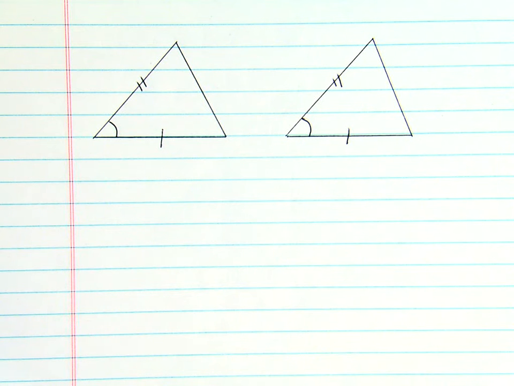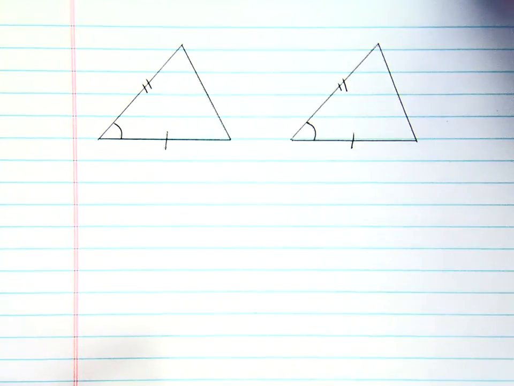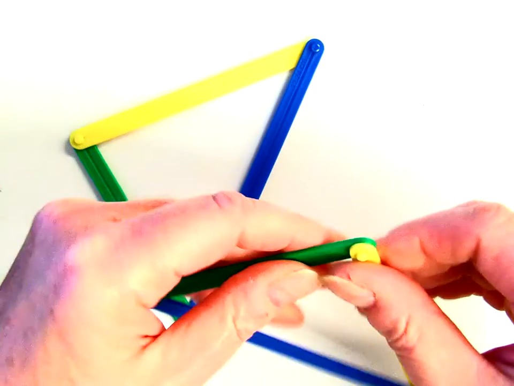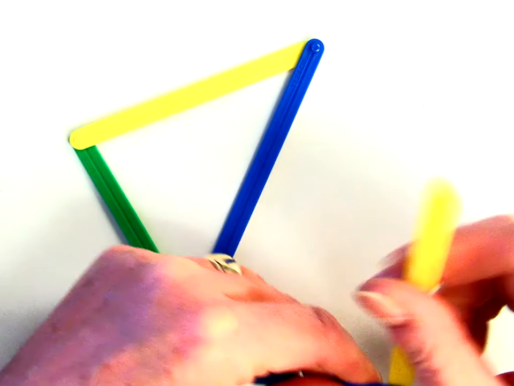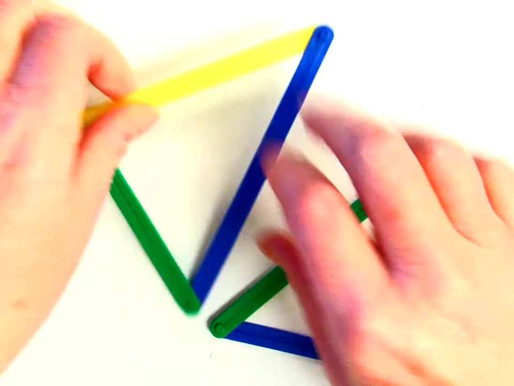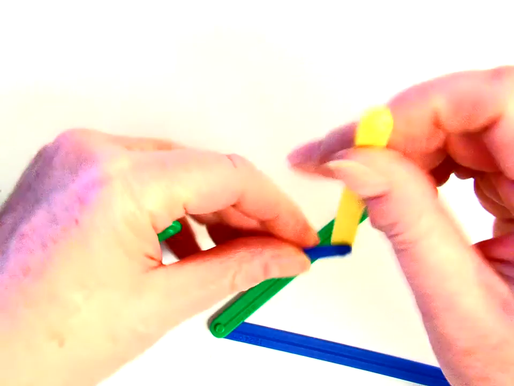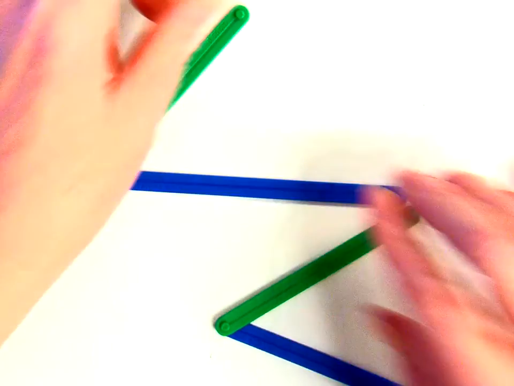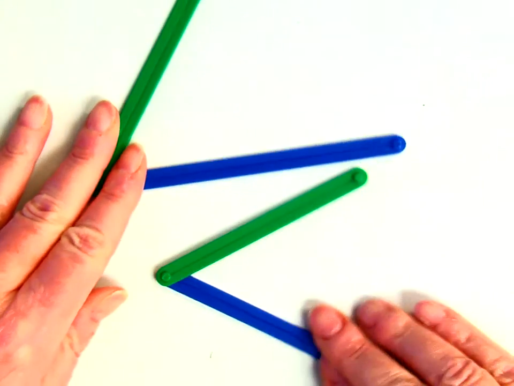So now using our angles again, what we can see is that, let's say I take the yellow out, and we have these two sides that are congruent.